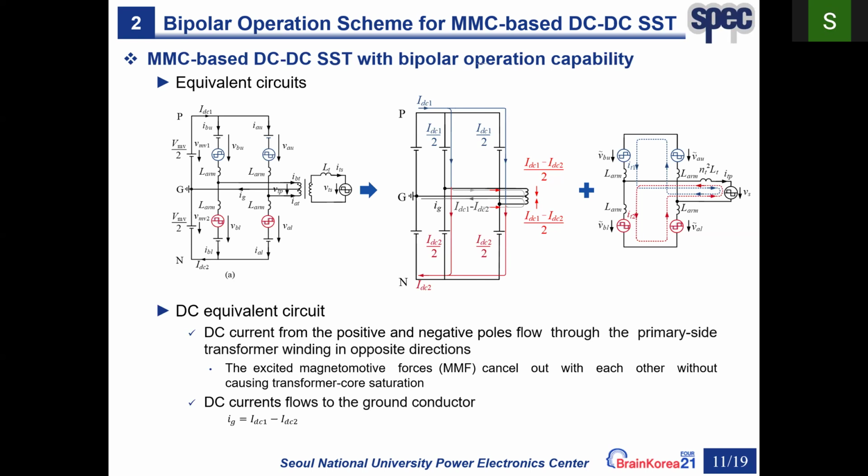However, the DC currents flowing through the transformer windings are identical, but with opposite direction, and the sum flows together to the ground conductor. This implies that despite the existence of DC component in the transformer windings, their excited magnetomotive forces can cancel out with each other without causing transformer core saturation.